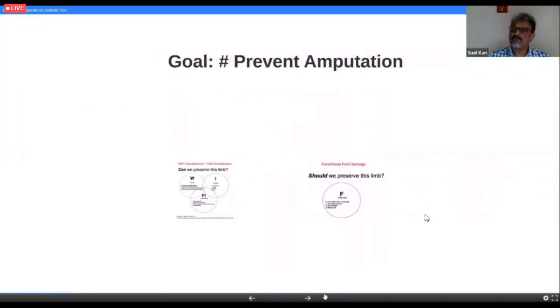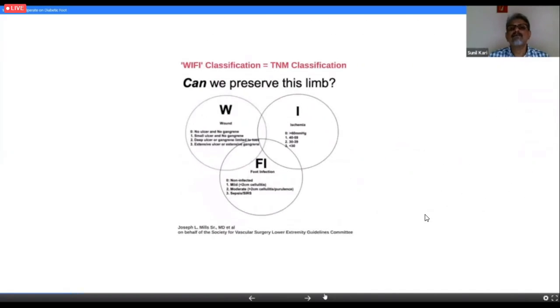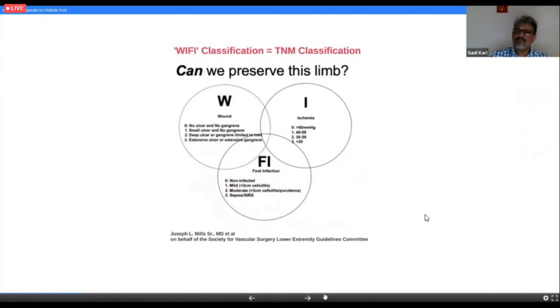The goal has been the same, to prevent amputation, and everyone is working on it. And precision has come up in what best can be preserved, with a very unique classification which we call the WIfI classification, which is equal to the TNM classification we practice in oncosurgeries. This includes wound, ischemia and foot infection with gradings from 0 to 3.